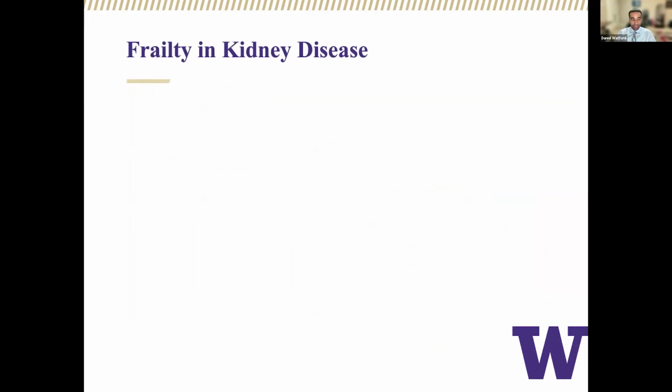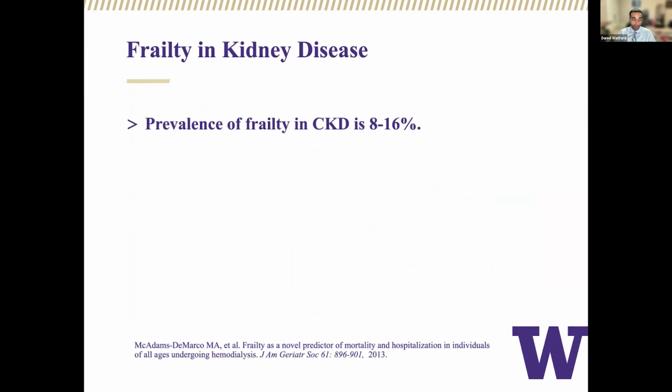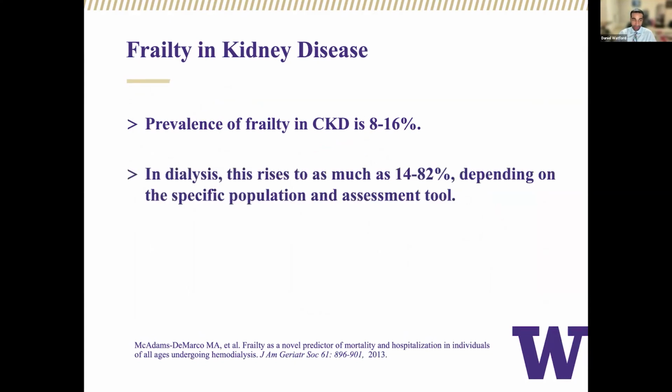How about frailty and kidney disease? Well, studies show a prevalence as high as 8 to 16% of frailty in our CKD population. When you look at dialysis patients, this rises to as much as 14 to 82%. It's quite a wide range, but this depends on the specific population you're talking about, as well as what assessment tool you're using.